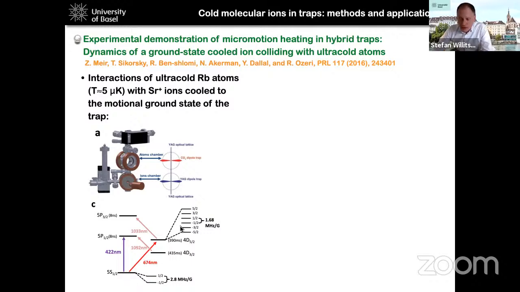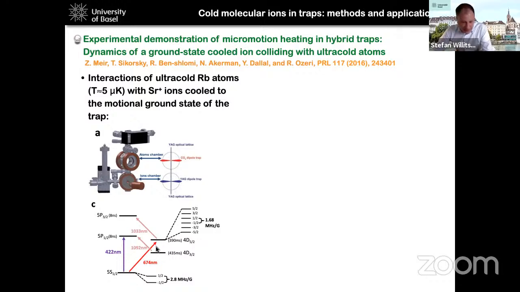So essentially the same type of thermometry technique that I already explained in my first lecture, which, for instance, we used in our own group for measuring coherent motion excitation of calcium-nitrogen ion strings.